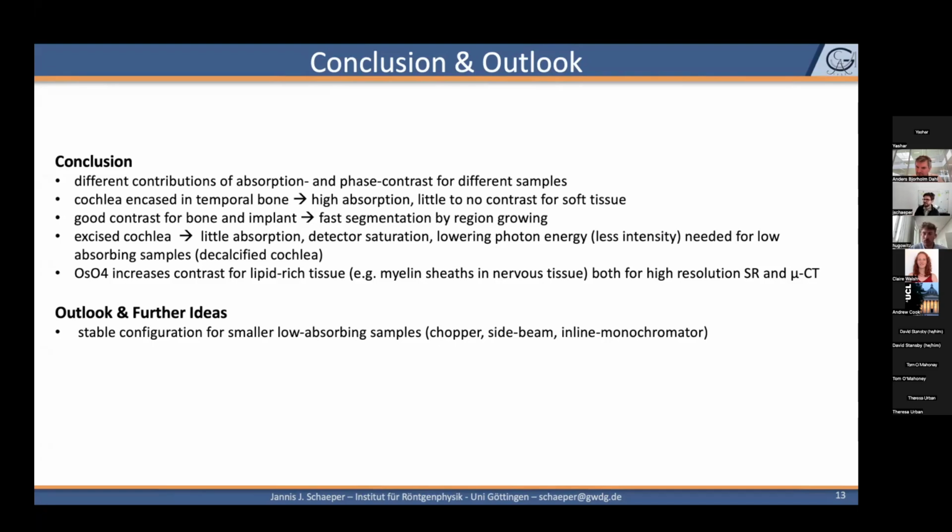So really tracking the ones which belong to the cochlea was a better option for me with the region growing framework. For little absorbing samples, we had some problems during the challenges finding a stable configuration, and at some point a chopper might be installed, and that would of course optimize that imaging regime.